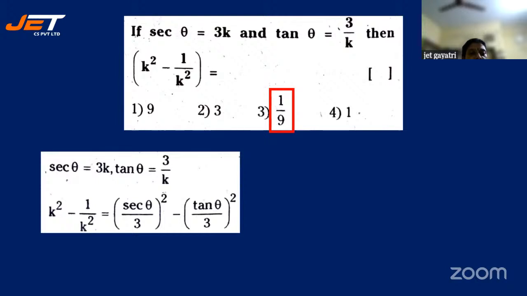So secant theta is 3k, tan theta is 3 by k. Okay. So let us find out k square minus 1 by k square. All right. So k is nothing but secant theta by 3, because with this you will be able to find out the value of k, which is secant theta by 3.